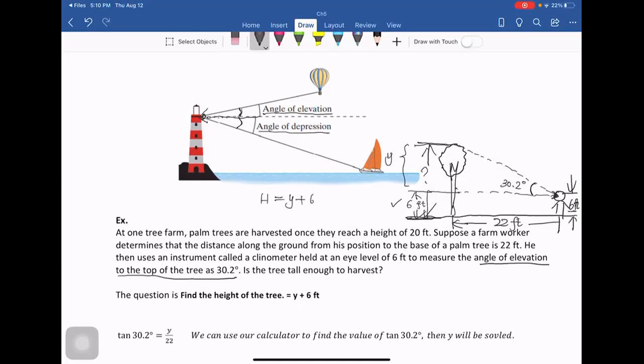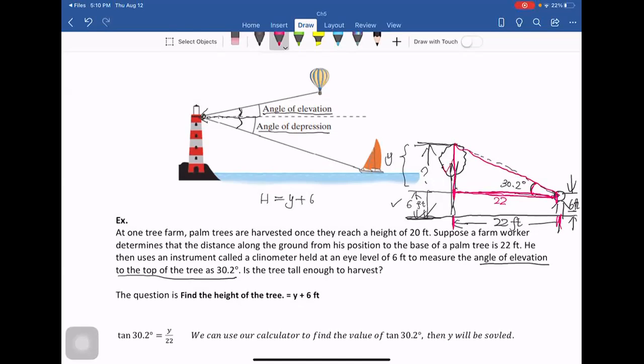So how to find the y? We can see this is a right triangle. And we know this angle. We also know the distance from here to here is 22, because I can move this length to the top. That's still 22 feet. So that's enough.